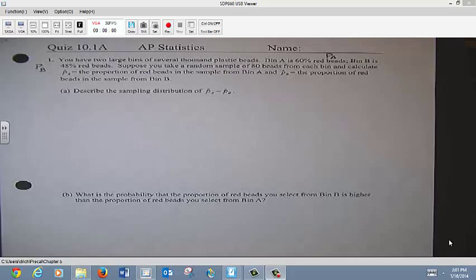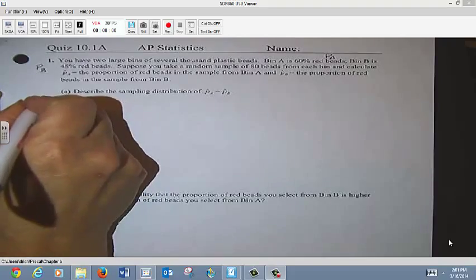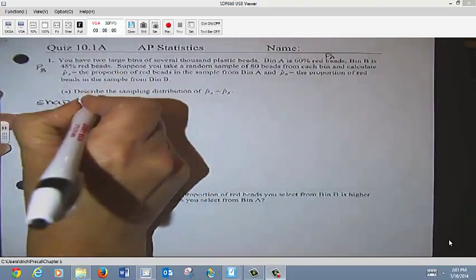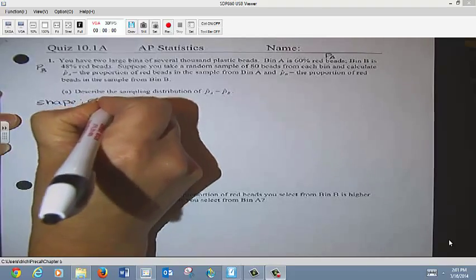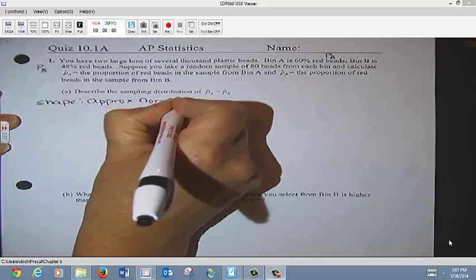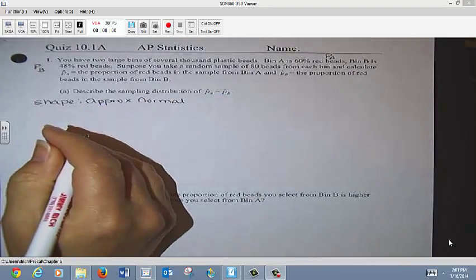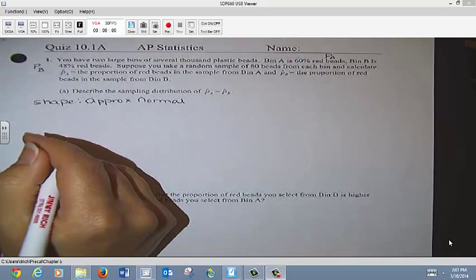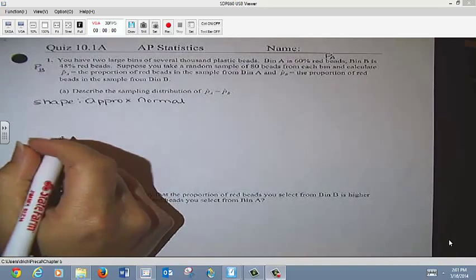When we're describing a sampling distribution, we want to make sure we're describing shape, center, and spread. So our shape will be approximately normal as long as the number of successes and failures for both bins, both colors, are greater than 10.